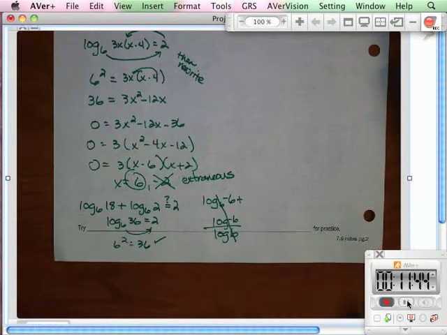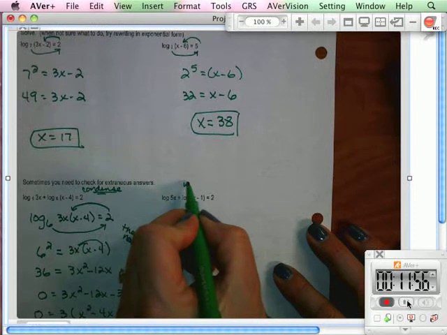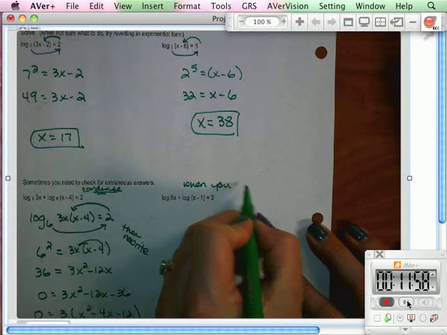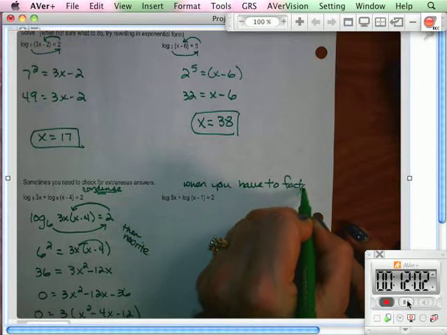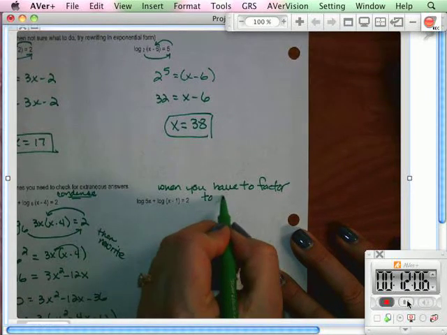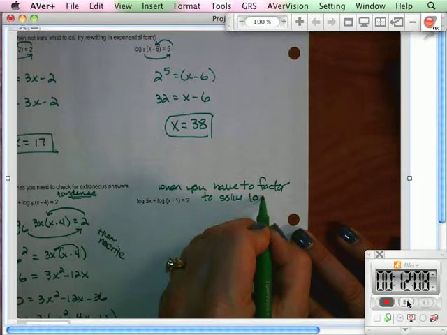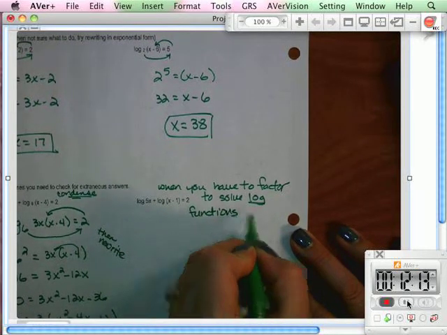Okay? Doesn't work. We're not going to do this one. It's the same as this one. But what I want you to realize is when you have to factor to solve log functions, you will always have an extraneous answer.